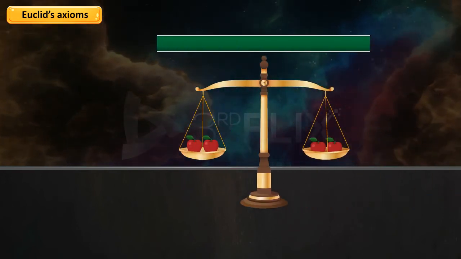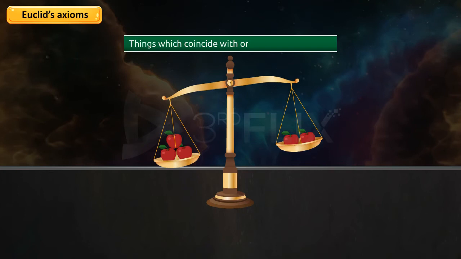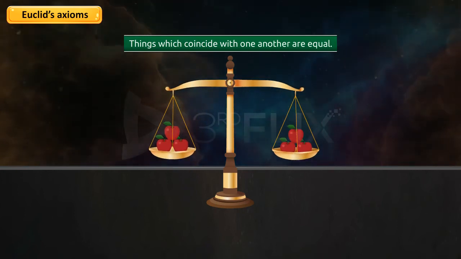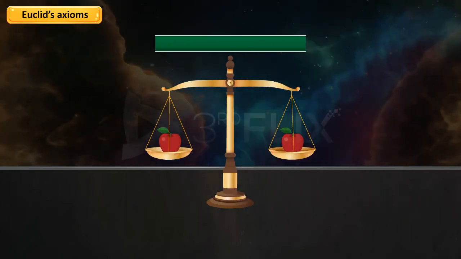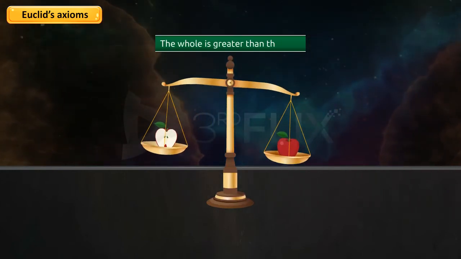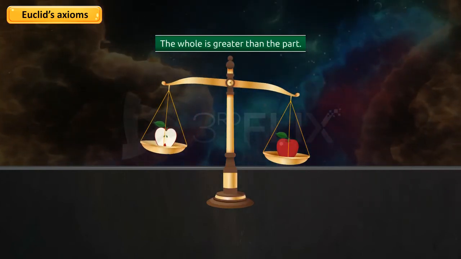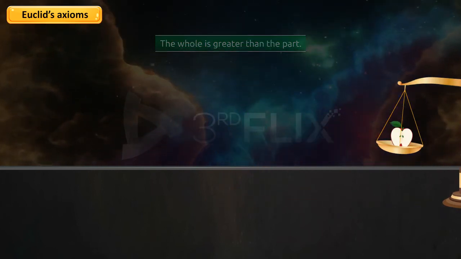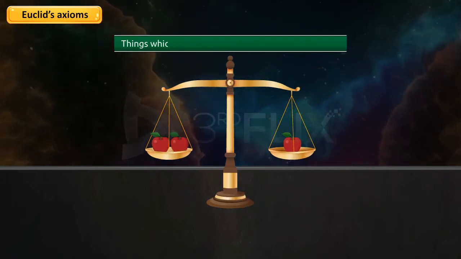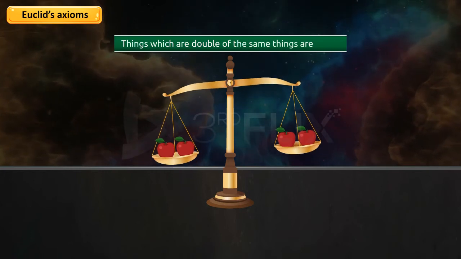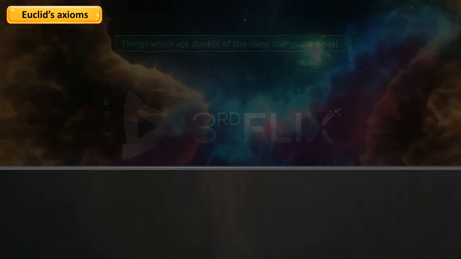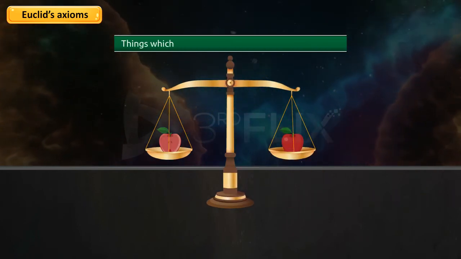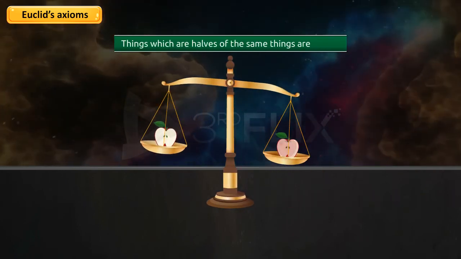Things which coincide with one another are equal. 5. The whole is greater than the part. 6. Things which are double of the same things are equal. 7. Things which are halves of the same things are equal.